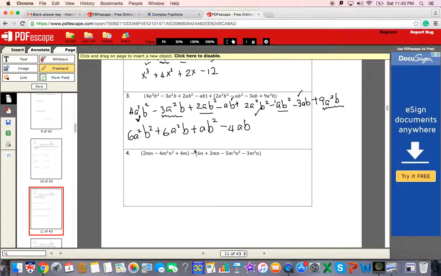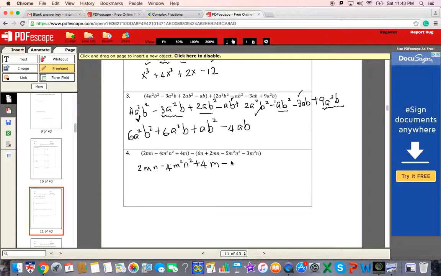All right, so we have another negative sign here. So we get to practice changing these signs once again. All right, remember that the first set of parentheses, nothing changes. So we have 2mn minus 4m squared n squared plus 4m. And now with a minus sign, every sign within this parenthesis will change.